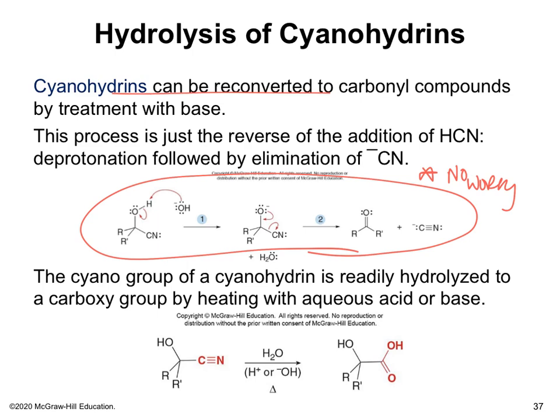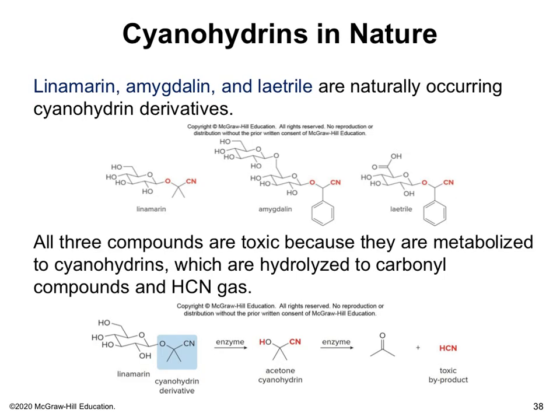Here, we'll talk about nitriles. We'll do all the different nitrile reactions. But what's nice about a cyanohydrin, the carbonyl or the nitrile, if you add it in acid and heat, you can convert it to carboxylic acid. So the nitrile is a precursor to the carboxylic acid.